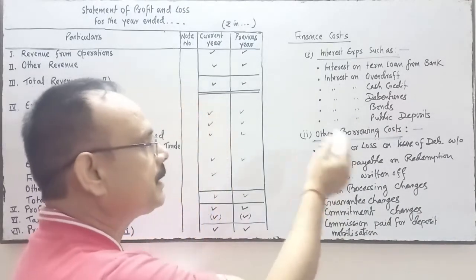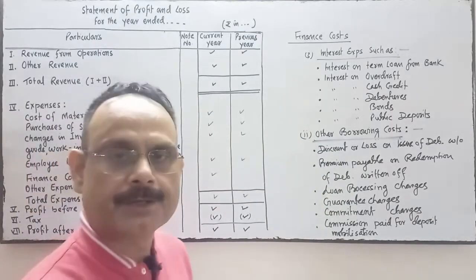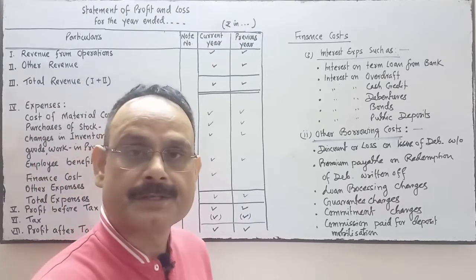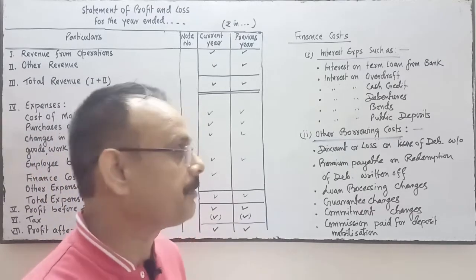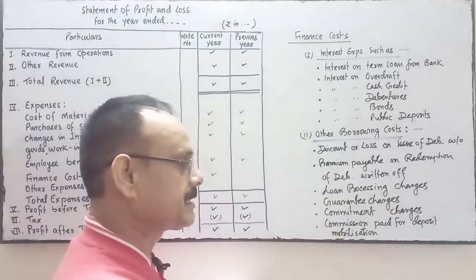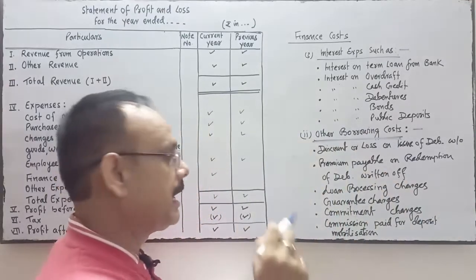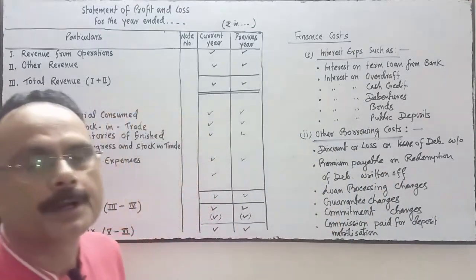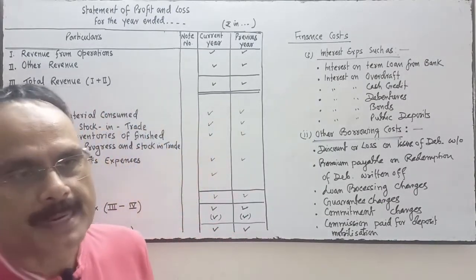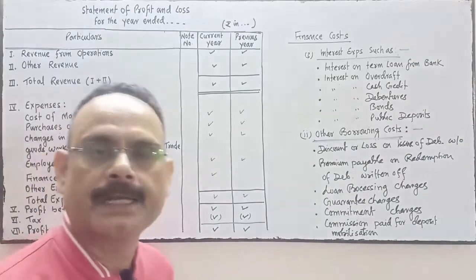And other borrowing costs: discount or loss on issue of debenture written off, premium payable on redemption of preference shares or debentures written off, loan processing charges, guarantee charges, commitment charges, and commission paid for deposit mobilization. To mobilize the deposit, we pay the commission to the broker. That also comes under the finance cost.